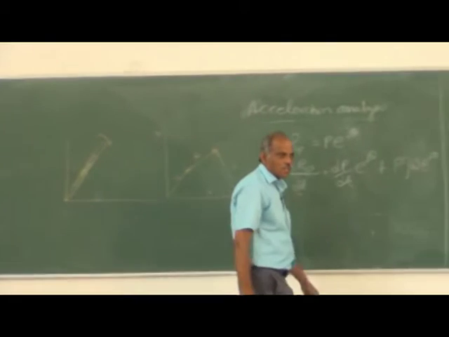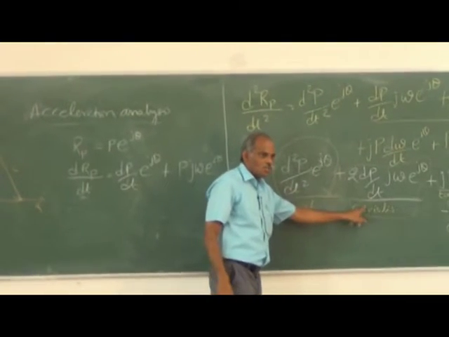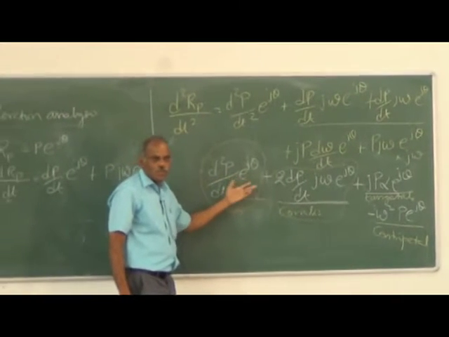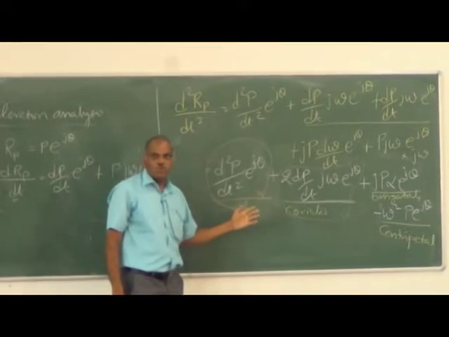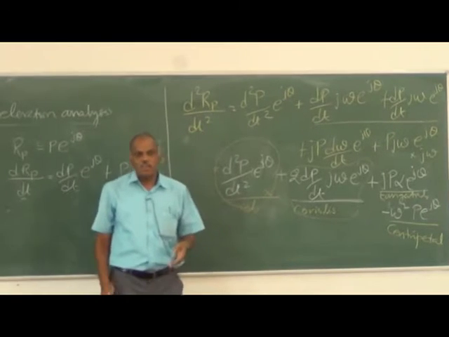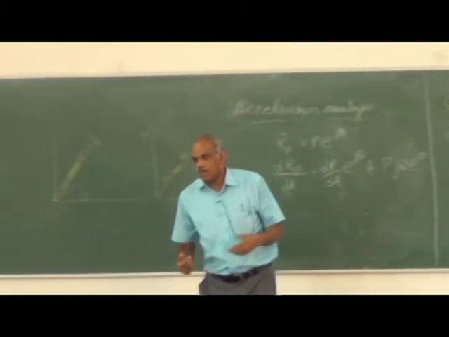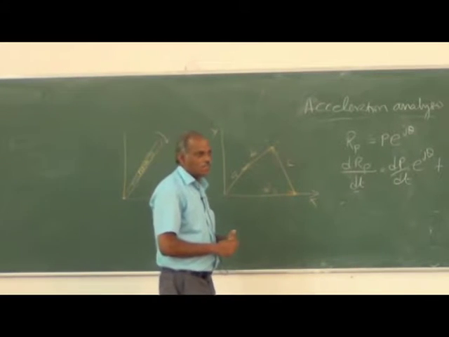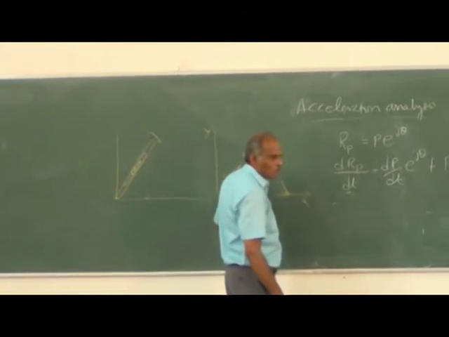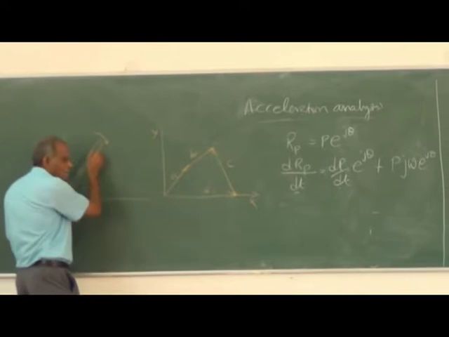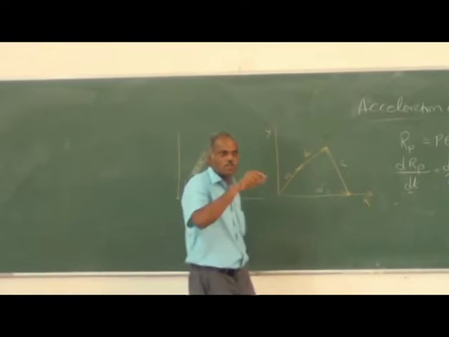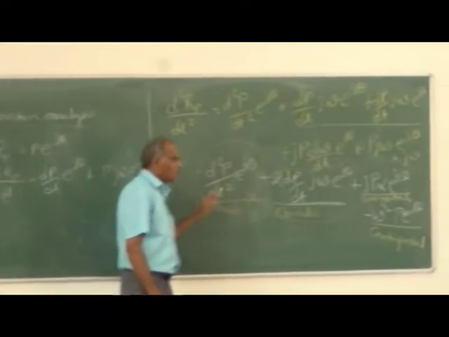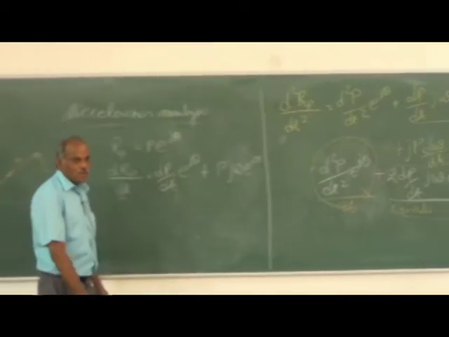So you cannot rule out dp by dt being 0 or d square p by dt square being 0. In that case you have to take all the components together, making your acceleration a little more complex. It's not as simple as a 4-bar mechanism. Where there is a slider or any component which is moving in a rotating frame, you have to take these two components as well.